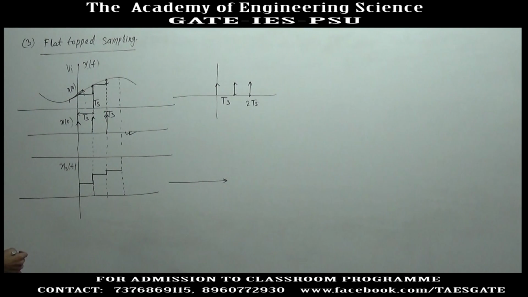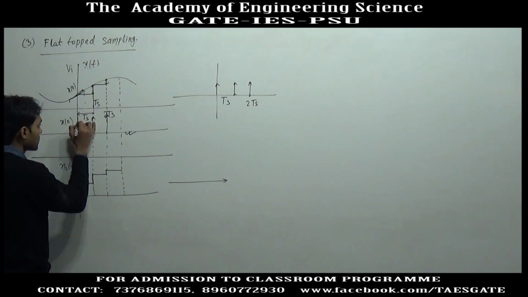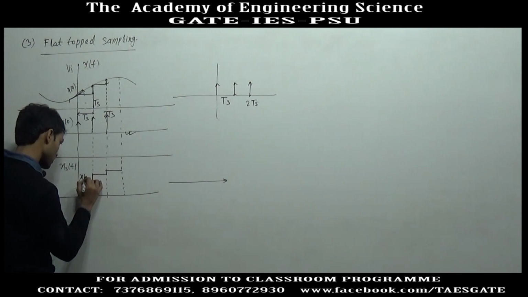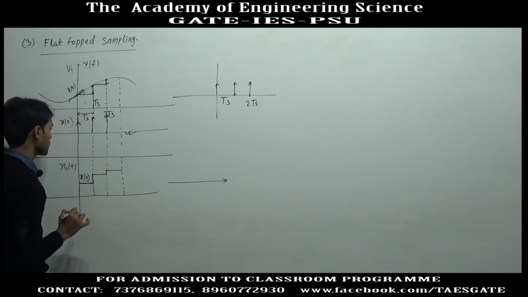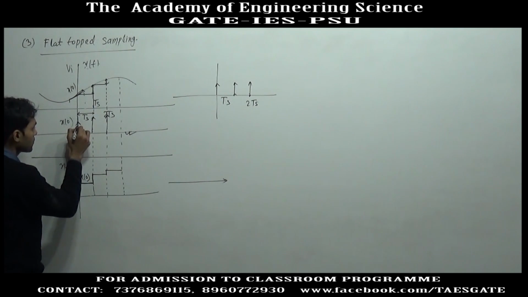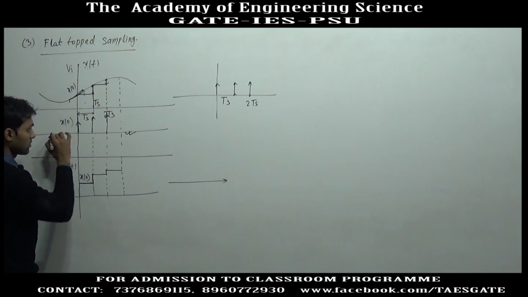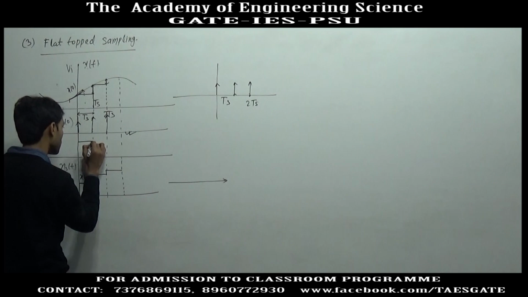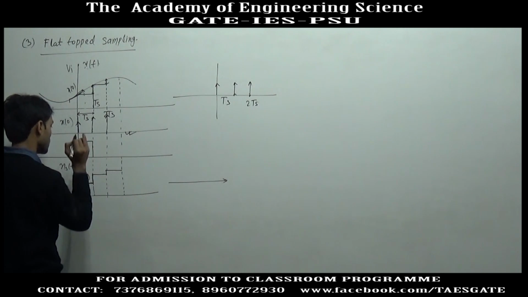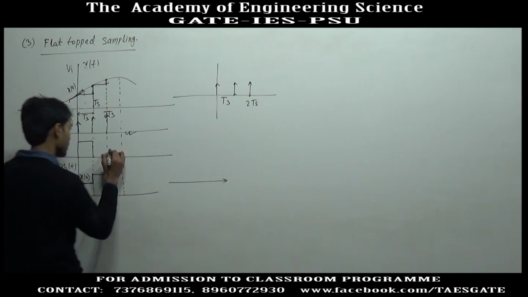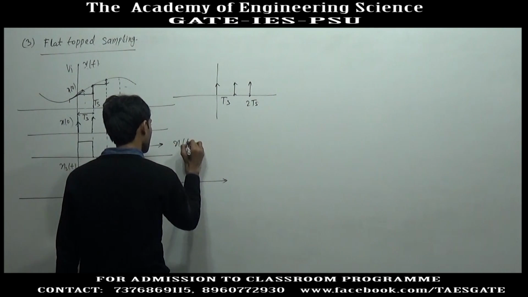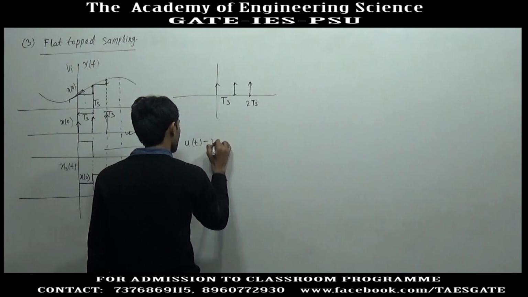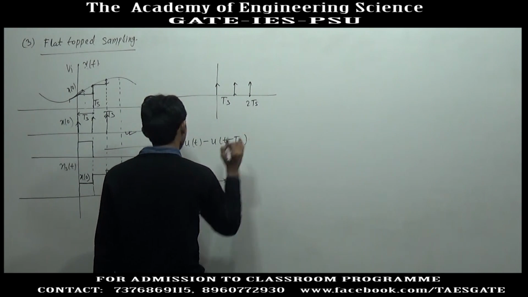This signal has a strength x(0) and we want a constant value x(0). So, we take the convolution of this modified impulse train with this signal, u(t) minus u(t minus Ts).